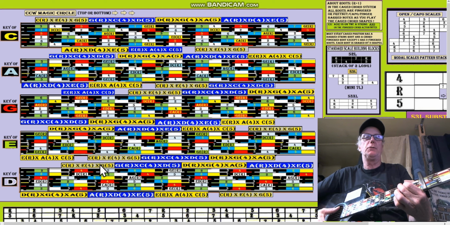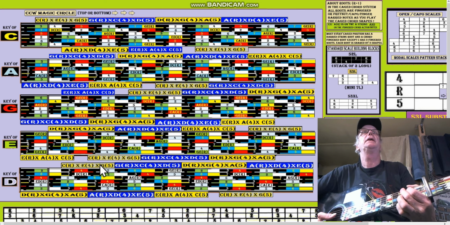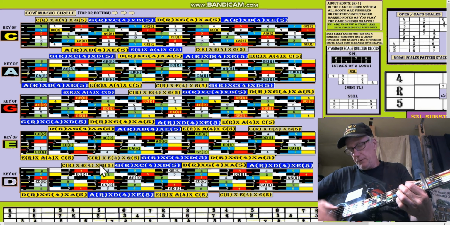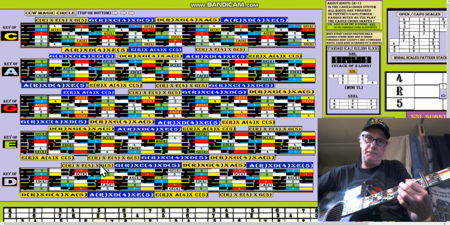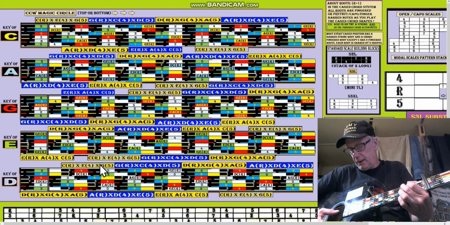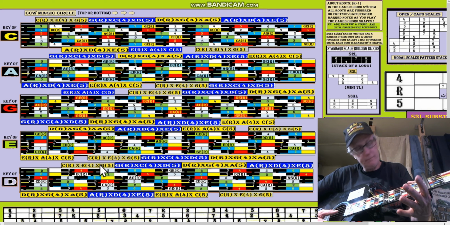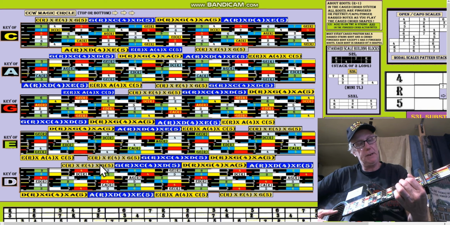Now I want to mention while we're on the subject, because we can get right into action roots and barred roots. When you play the open G here, doing the CAGED, the G string becomes the root. So this is the G string. Right here's your G string. That becomes the root.